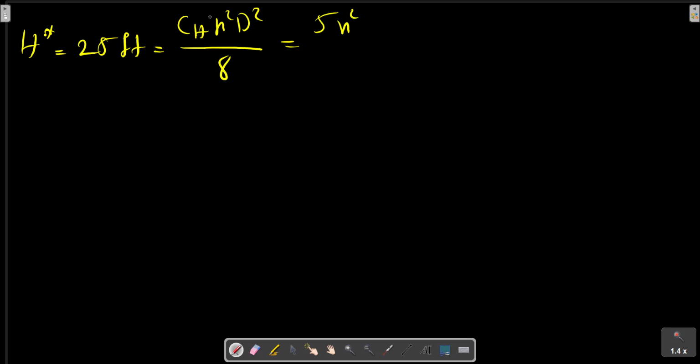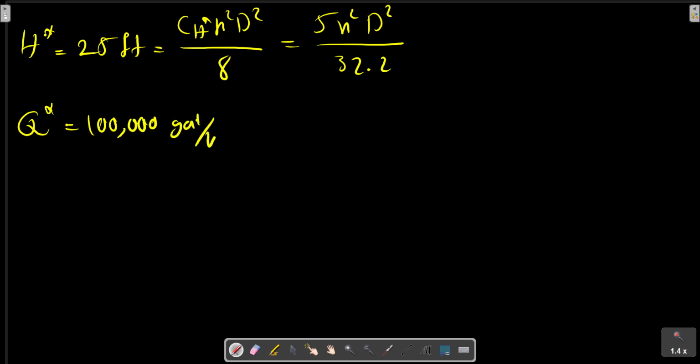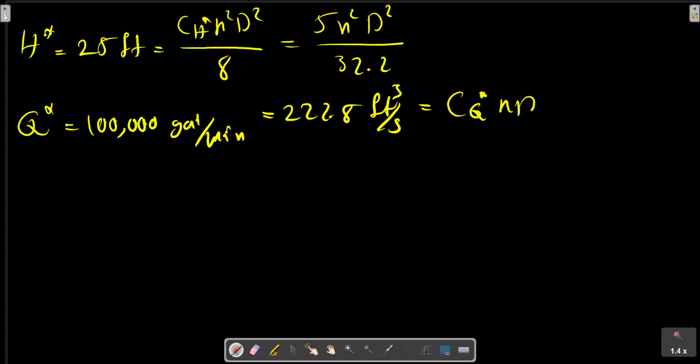We know the C H star and also the relation for the head of the pump as the non-dimensional number C H. Q star also has a related non-dimensional number, to convert to the flow rate Q, which is equal to C Q star times a non-dimensional number and D cubed.